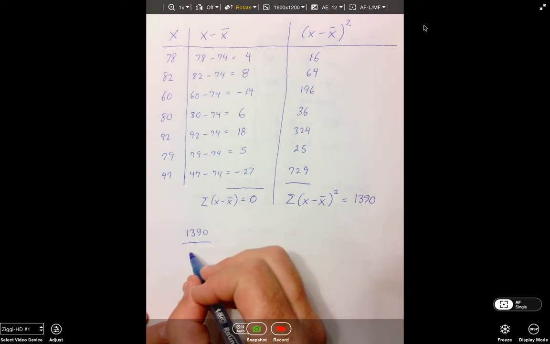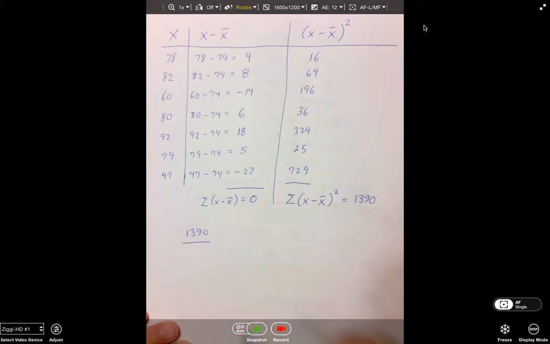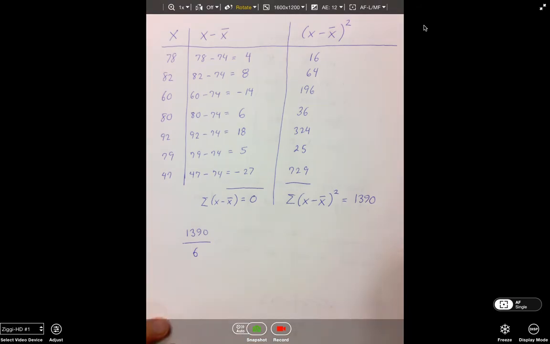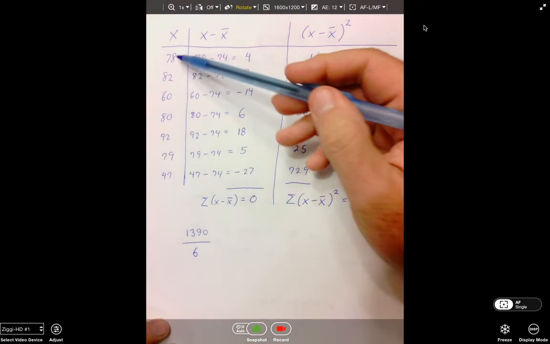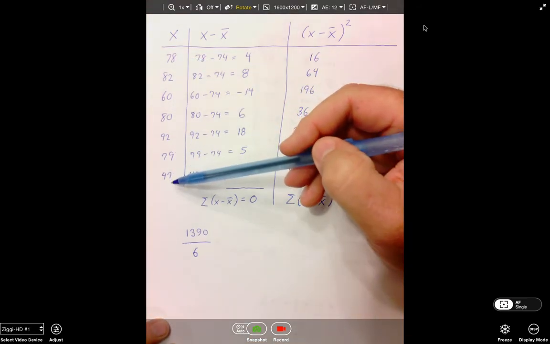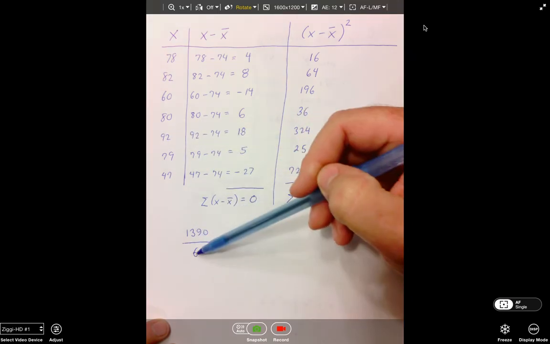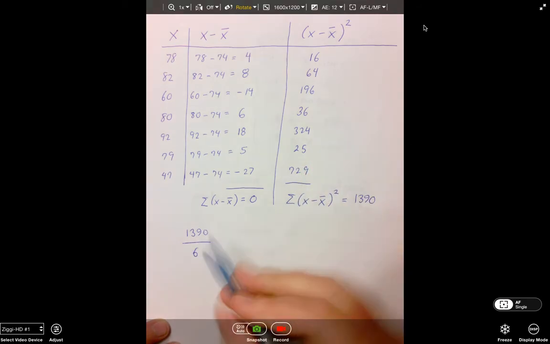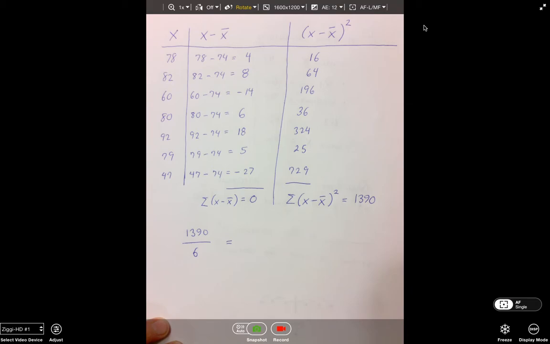So they wanted to come in here for reasons, again, that's too far advanced, I think, for a class of this level, and they wanted to divide by 1 less than the sample size. So we have 7 numbers here, and they figured out theoretically that it's better to divide by 1 less than the sample size than it is to divide by 7, which is the sample size. So when they actually end this up, they end up with divided by 6.